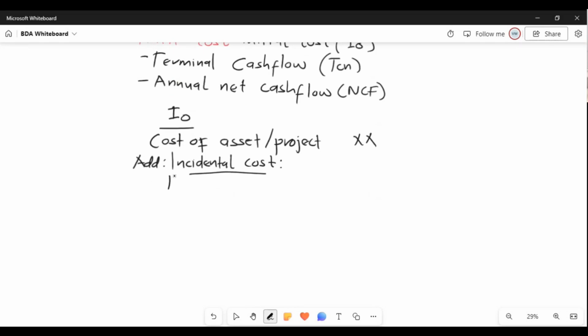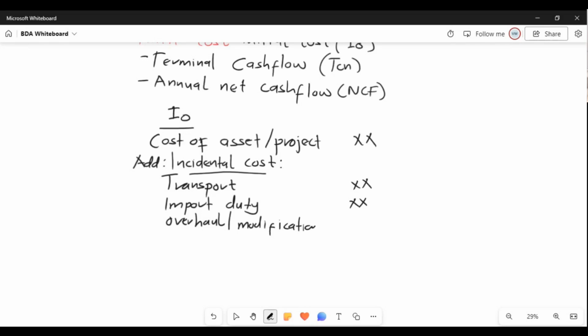So that if it is an asset, we can have things like transportation, import duty, and overhaul. Overhaul is the same as saying just some form of modification, etc. So there are very many incidental costs that we can consider.